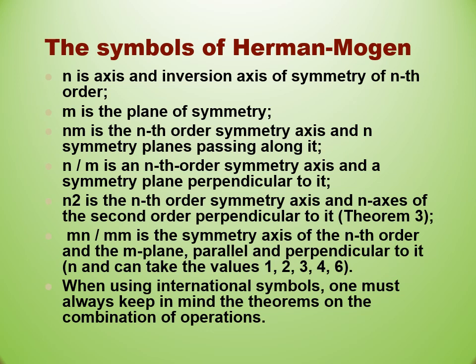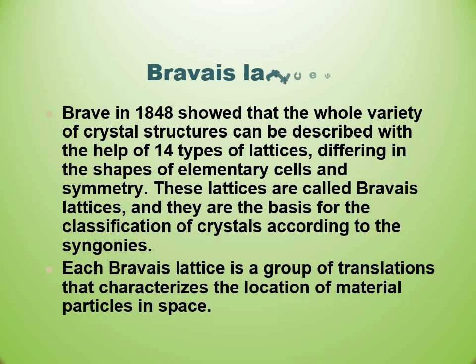By theorem number 2, at the intersection there is the center of symmetry. Apart from the symbols of Hermann-Mauguin, there are used symbols of Schoenflies, Shubnikov, but they are less common.